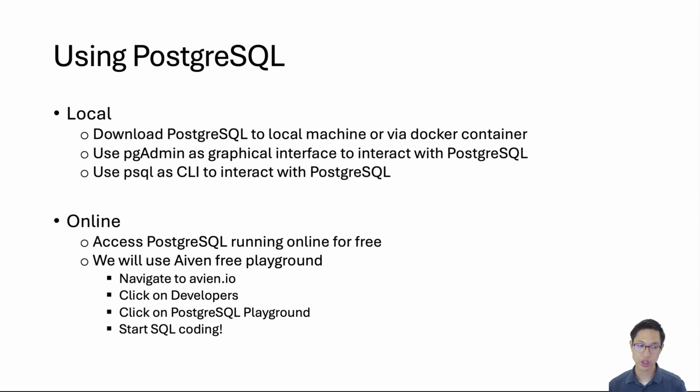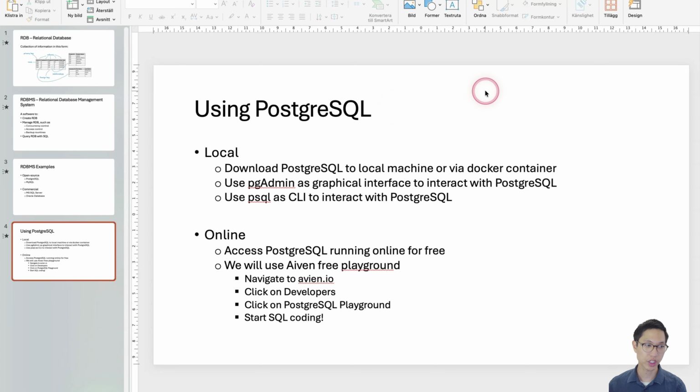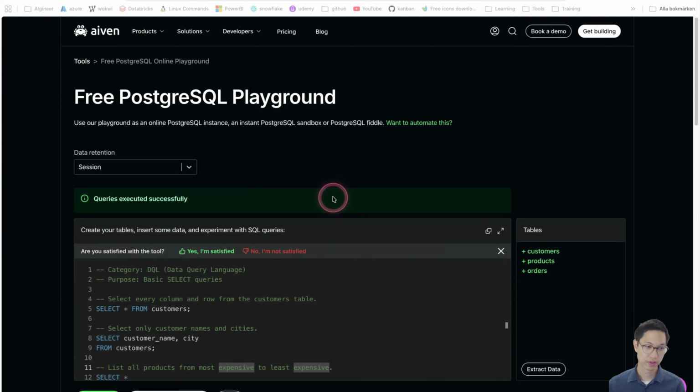You can also work with it online. For example, you can access PostgreSQL running online for free, and we will use the Aiven free playground. There are a lot of different alternatives, but this is a very simple one to get started. Okay, so I'll close this down and I'll come into Aiven.